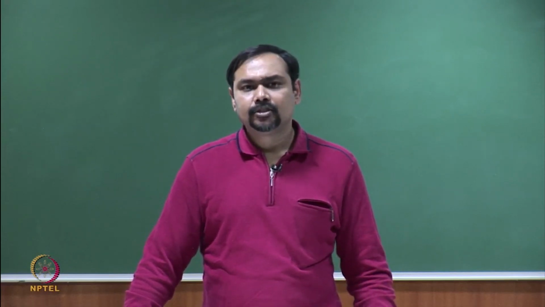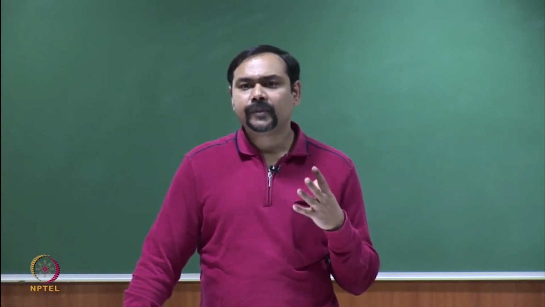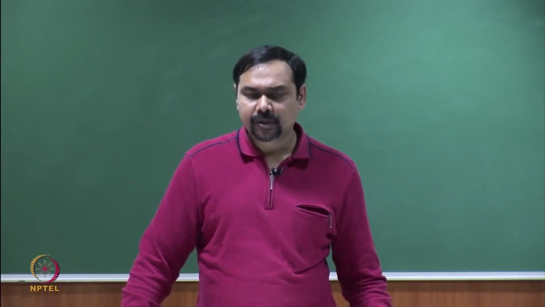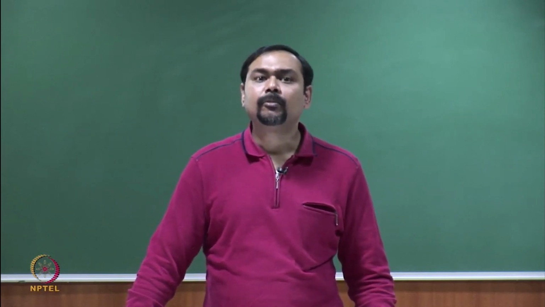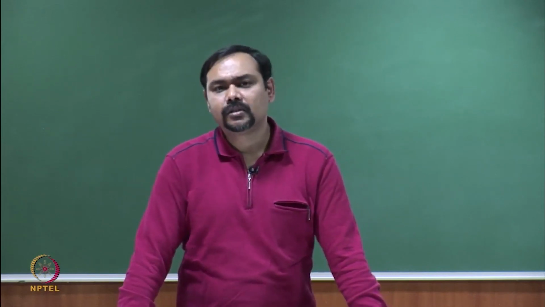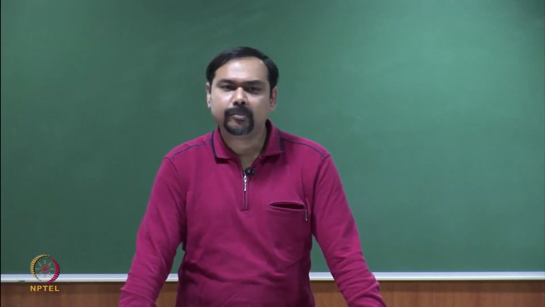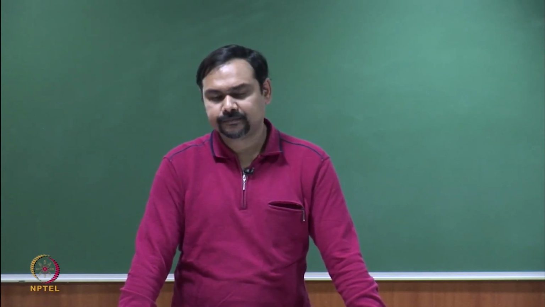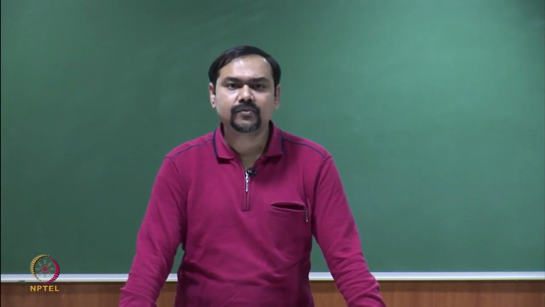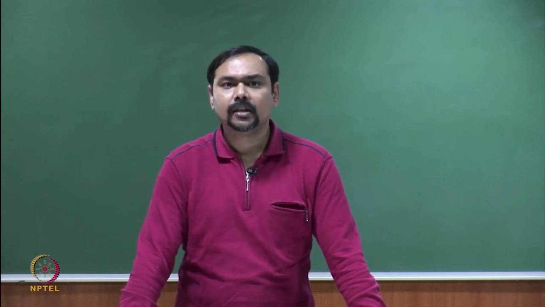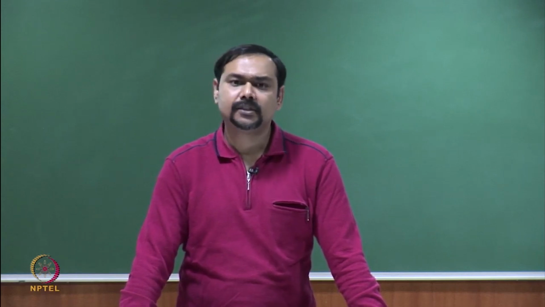Although FC is commercially implemented, some of these can be used in commercial applications maybe in the near future. So, with this we end the technical content of this course.